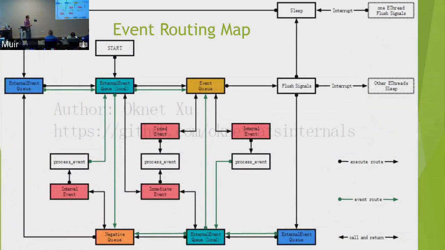I found the loop checks the external queue twice, once for the event queue and once for the negative queue.